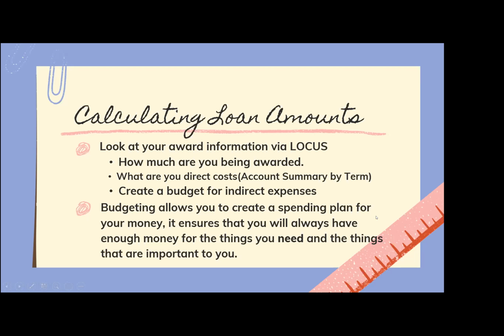So really your only income is the money that you would receive from these loans for living expenses. So it's really important that you do those three things. You check how much is being awarded to you, how much of that award is going to go to your direct expenses, and then create a budget for those indirect expenses with the suggested amounts that you'll find on your estimated cost of attendance.